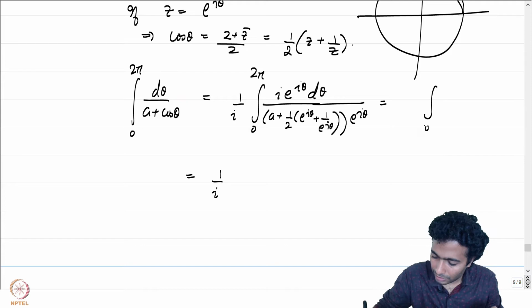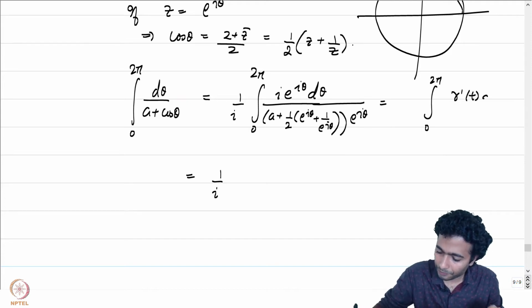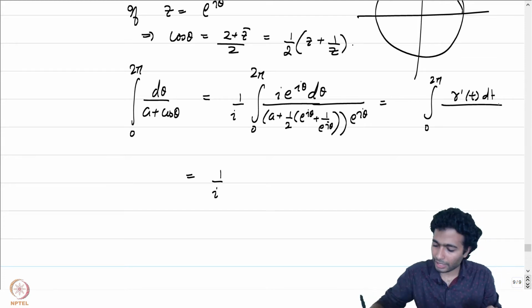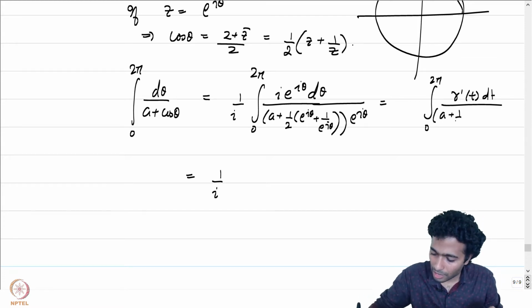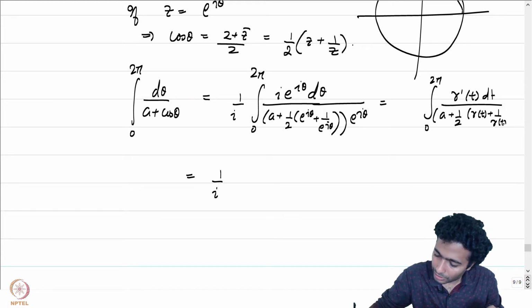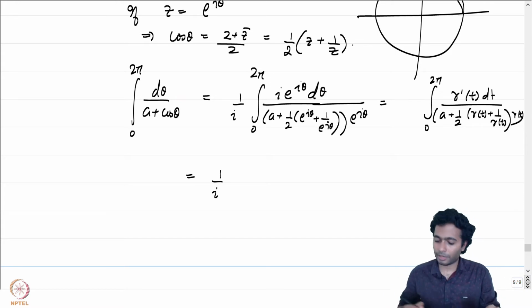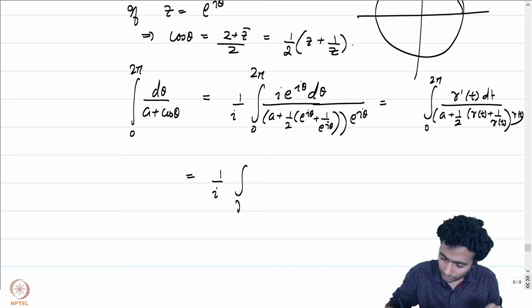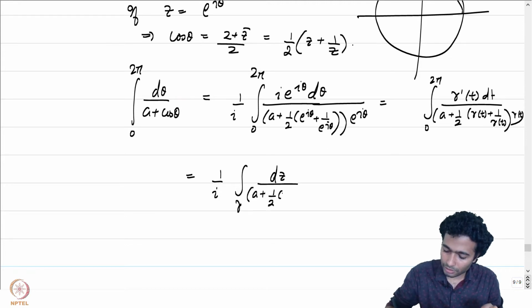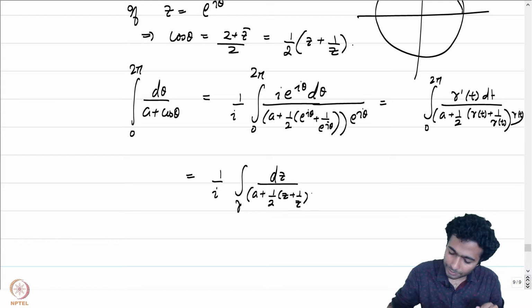This is just the integral from 0 to 2 pi of gamma prime t dt by a plus half of gamma of t plus 1 by gamma of t times gamma of t. And because of that, we can write this as the integral over gamma of dz by a plus half of z plus 1 by z times z.